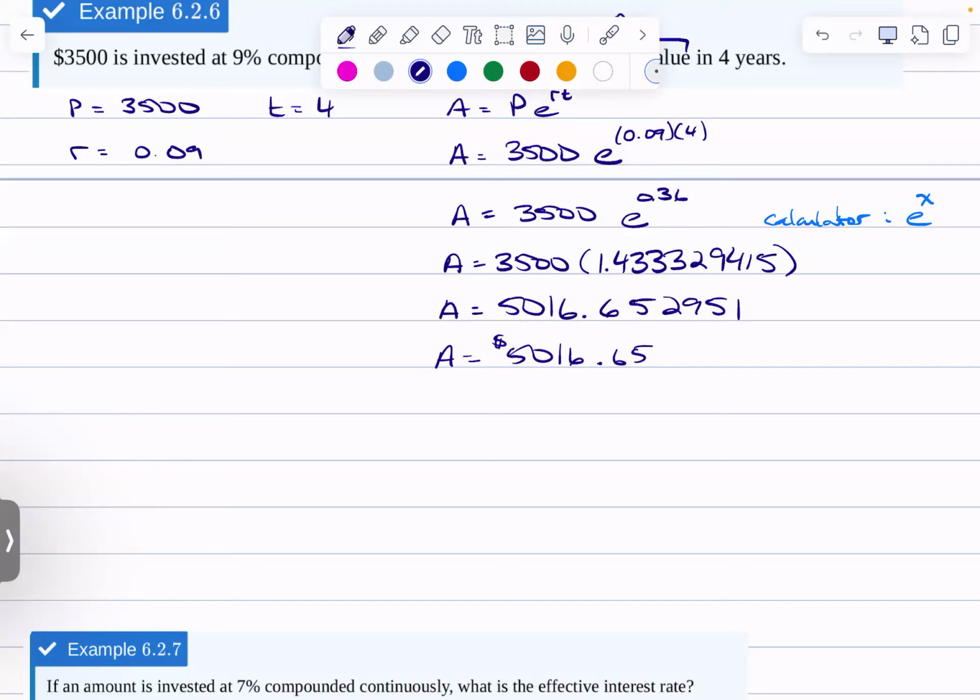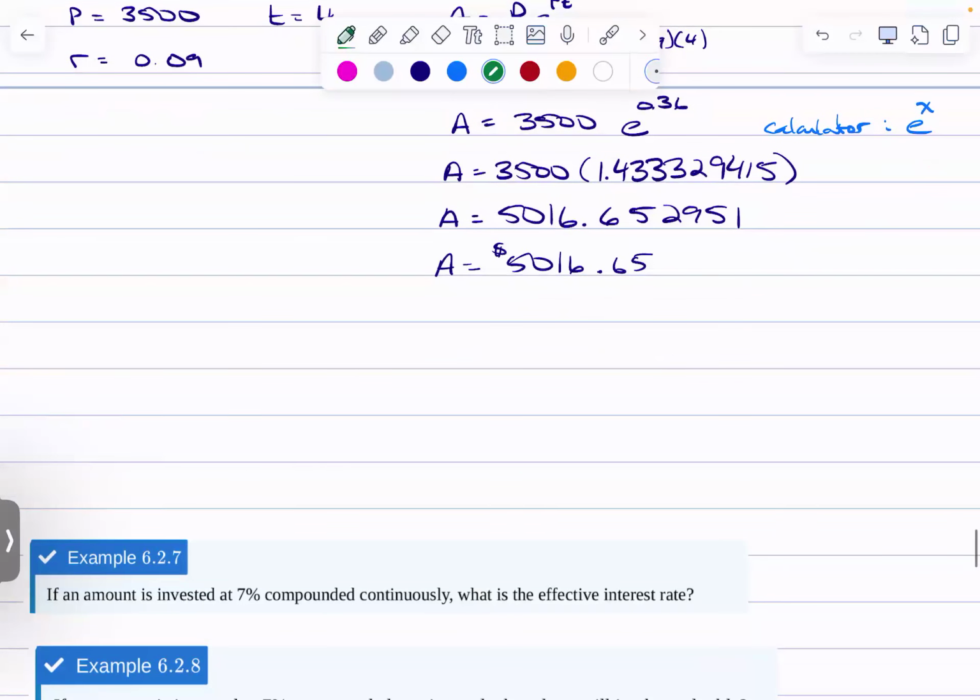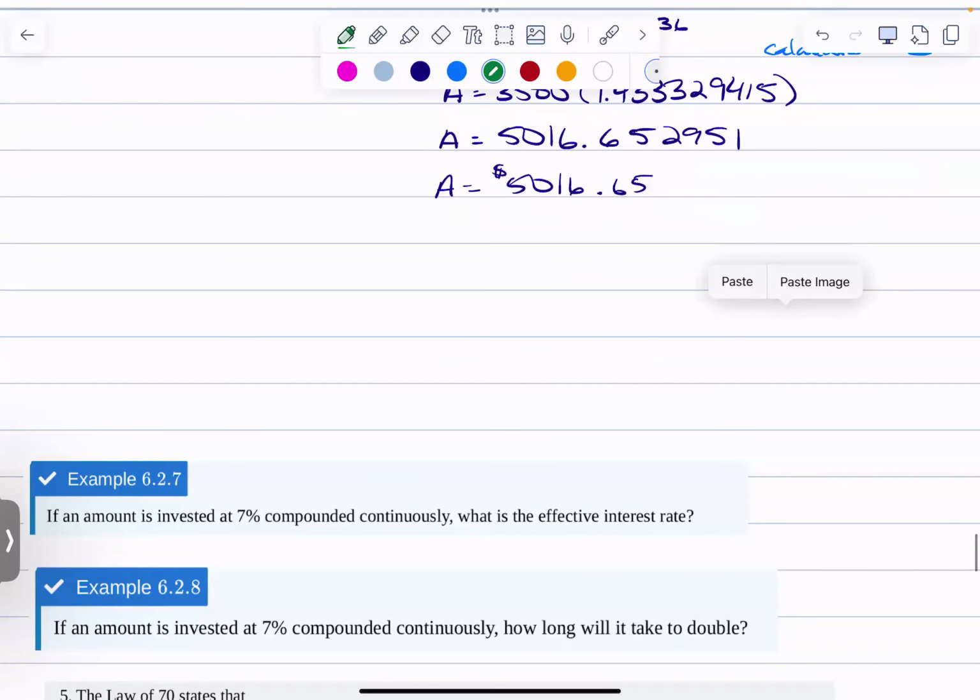What if it was just, instead of compounded continuously, how much would you have accumulated if it was compounding something slow, like annually? Right? So let's see. Find A if compounding annually instead.